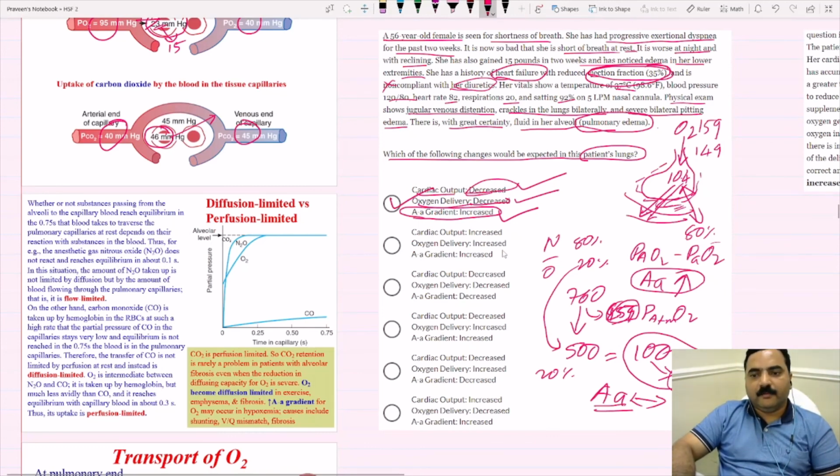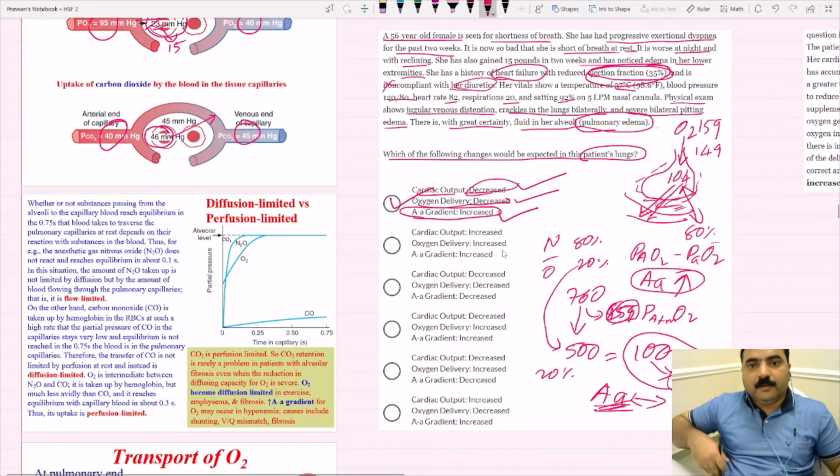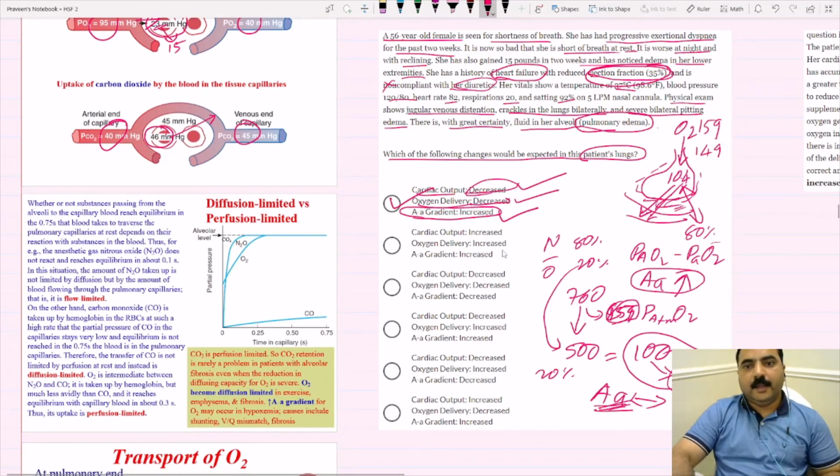But decreased PaO2 with an increased AA gradient means there is a problem in the lung, like pulmonary edema, pulmonary fibrosis, emphysema, or a cardiac problem. The blood is unable to come over there and take the oxygen. All this will tell you about an increased AA gradient. So that's what the question is trying to ask you about the AA gradient.